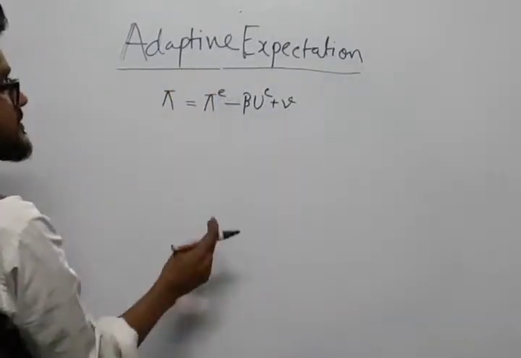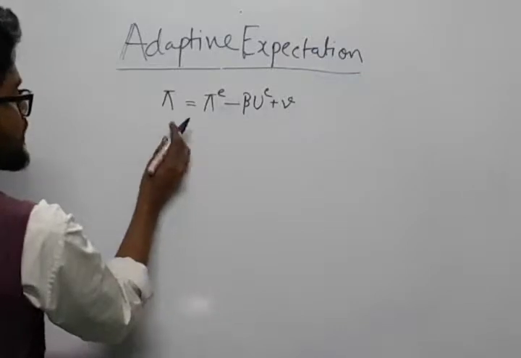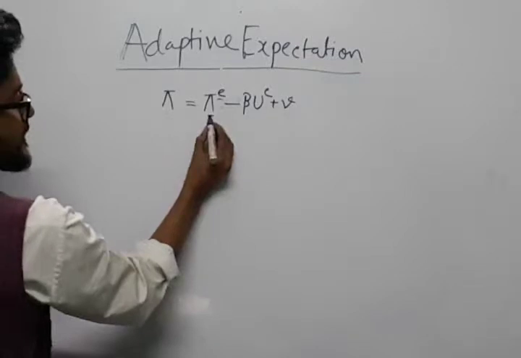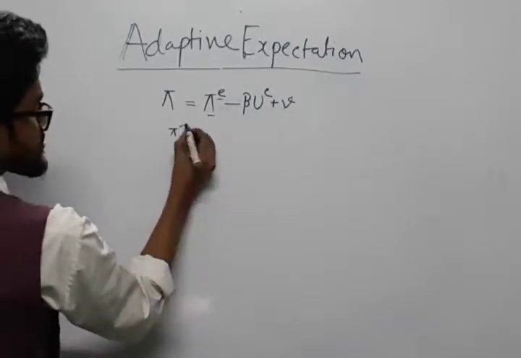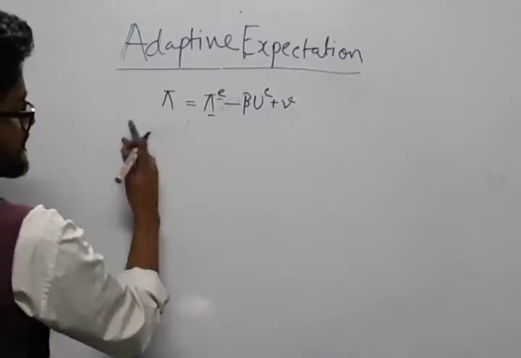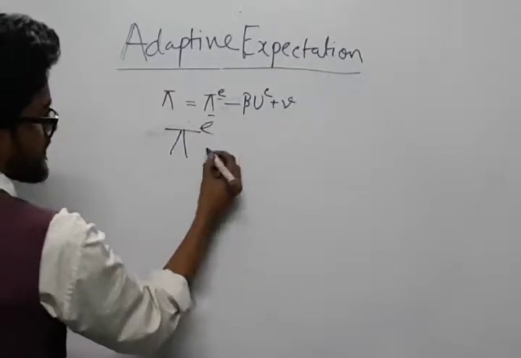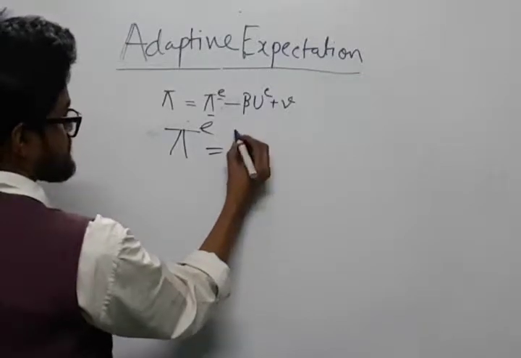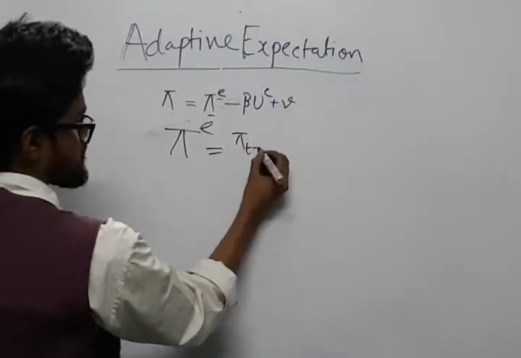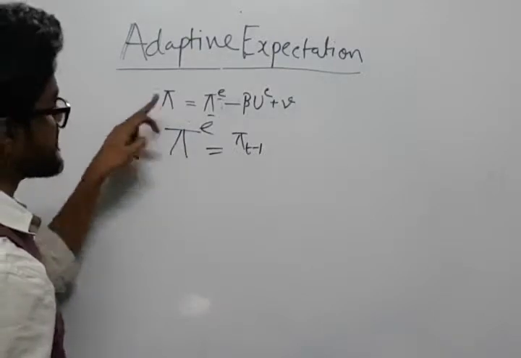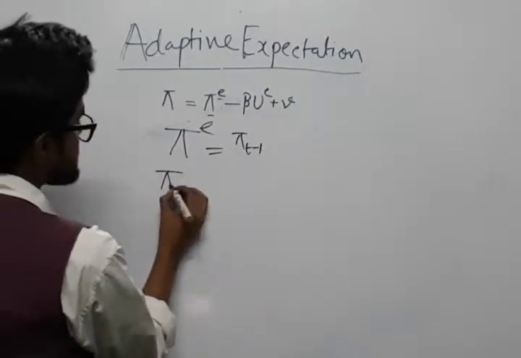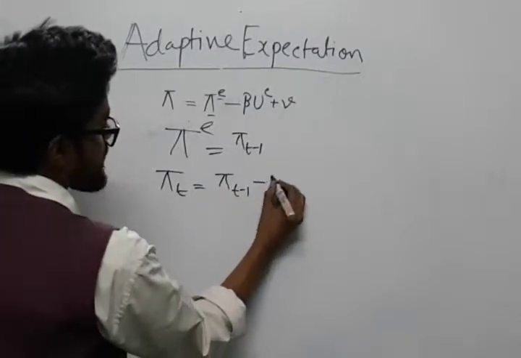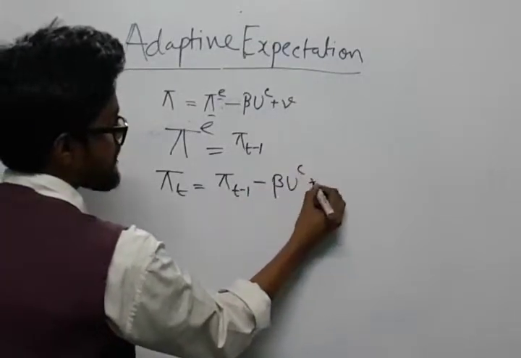Here in adaptive expectation, we usually take one lag variable as equals to the expected value of inflation term, which is expectation of inflation equals to pi t minus 1. So pi t depends on pi t minus 1 minus b u c plus v.